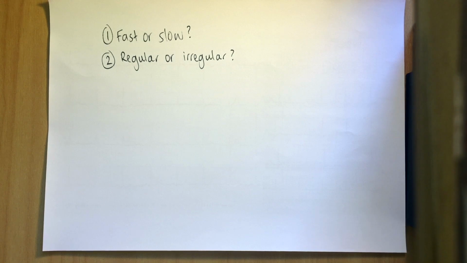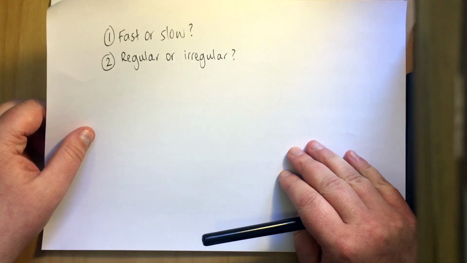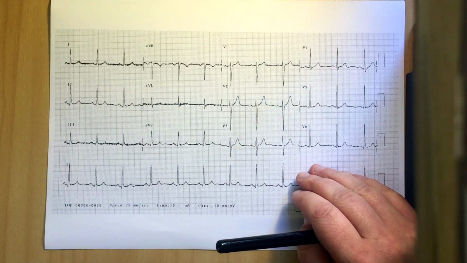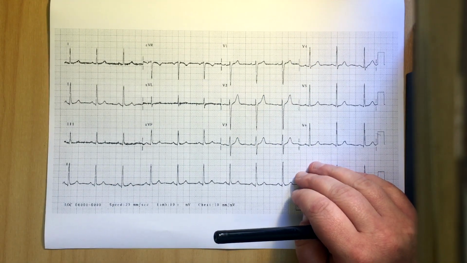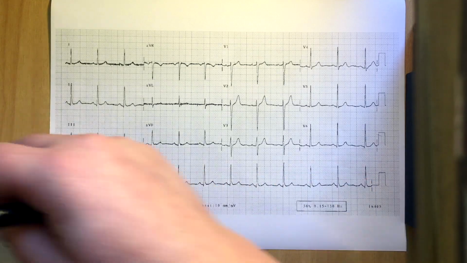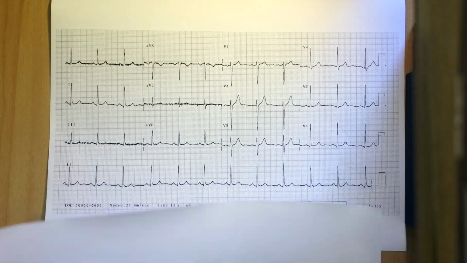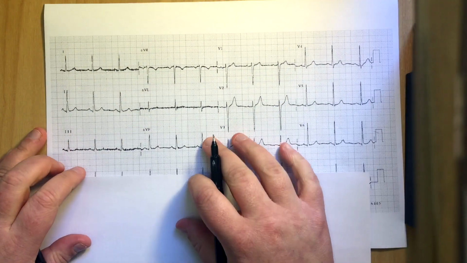So we're talking about QRS complexes here. Is the distance between QRS complexes the same every time, or does it vary? You can do that by eyeballing it, but I think the best way to do it, and the way that you should do it when you're demonstrating it to your seniors, is that you just use a piece of paper. You've probably seen some people do this.